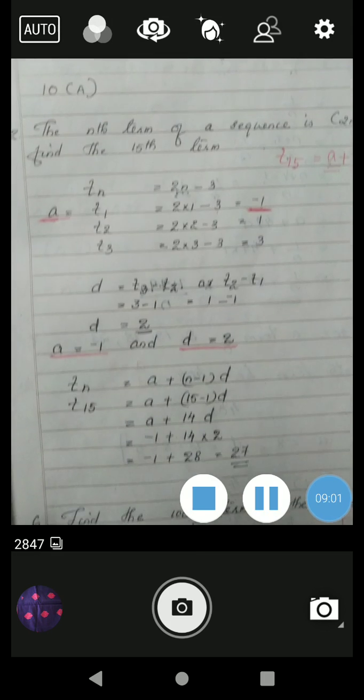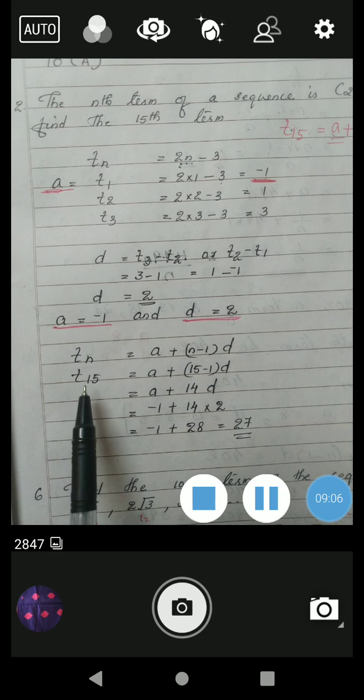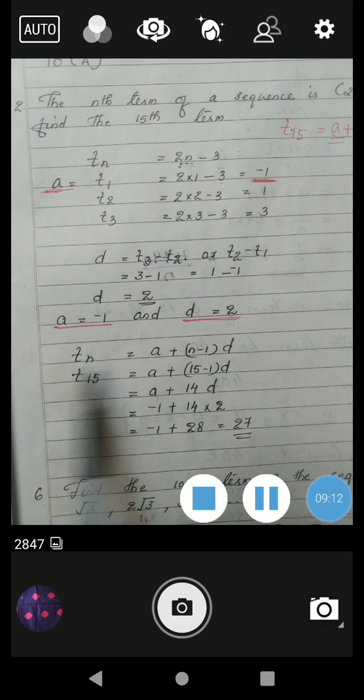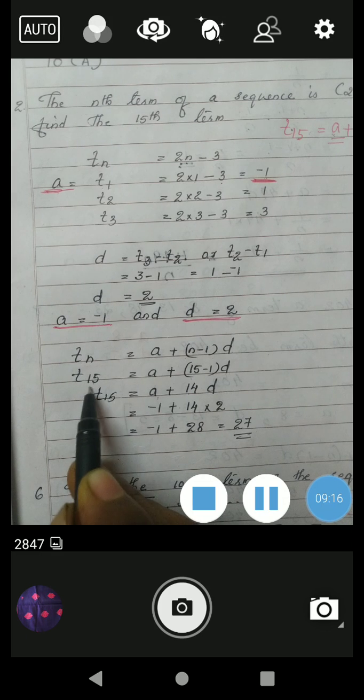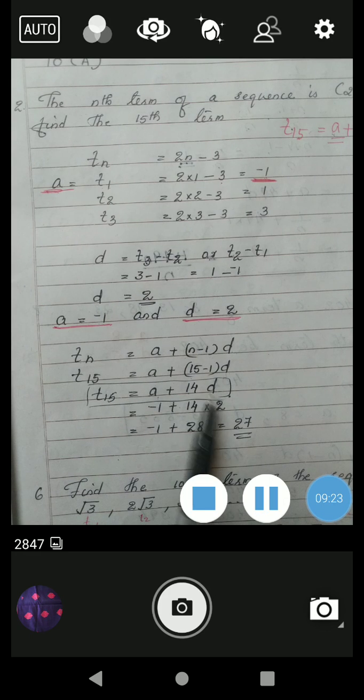So we can write the formula Tn is equal to A plus n minus 1 into D. T15 is A plus 15 minus 1 into D, that is A plus 14D. No need of writing all these things. You just write T15 is equal to A plus 14D, that is enough. Now substitute values of A and D here. Minus 1 plus 14 into 2. That is minus 1 plus 28 is equal to 27.